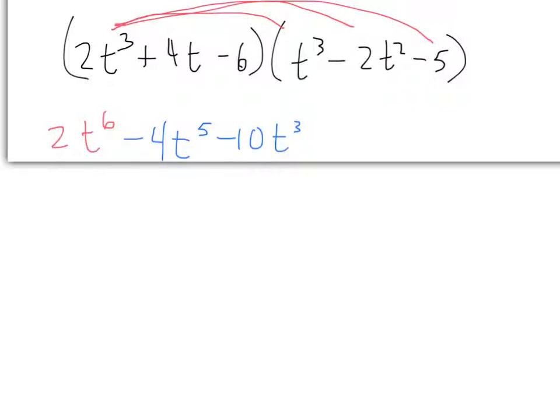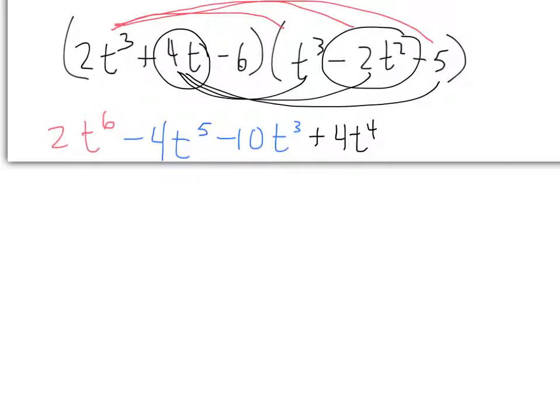Now, I then have to go ahead and do this. Distribute 4t to all three of these. 4t times t cubed. Ben, what do I get? 4t times t cubed. 4t to the 4th. Very good. 4t times negative 2t squared.